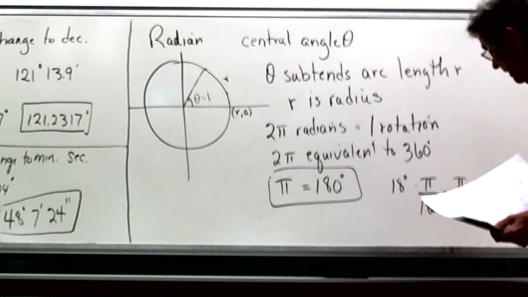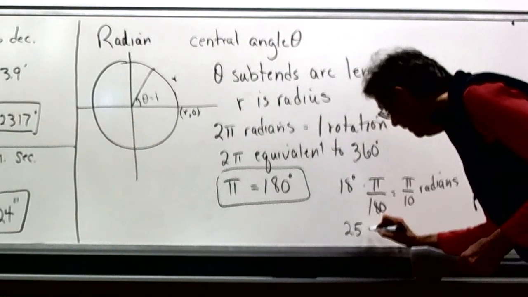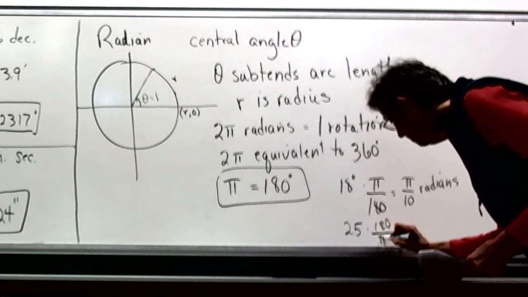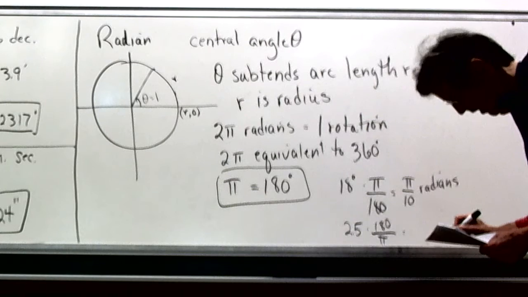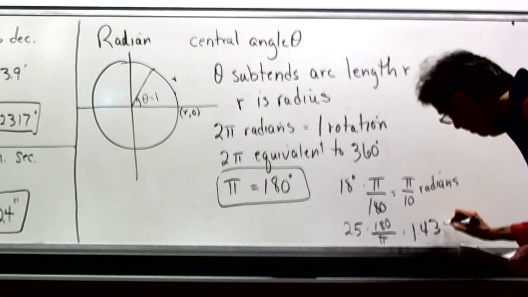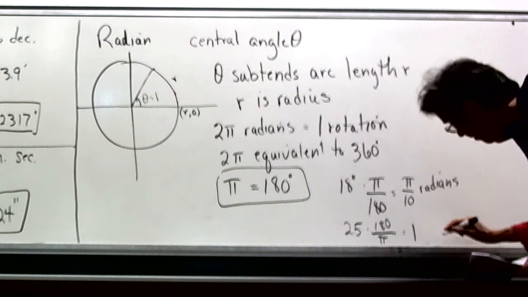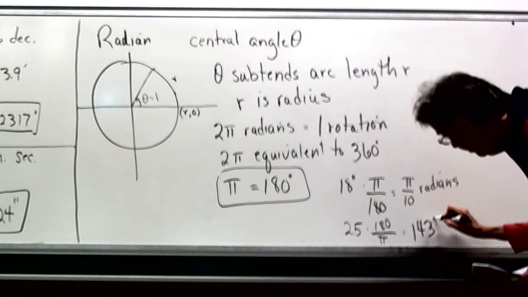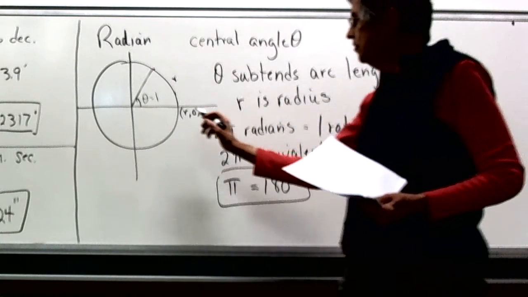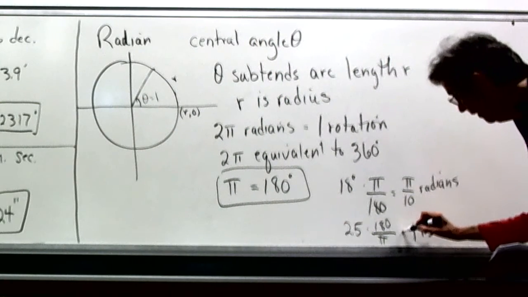In the other direction, I can take radian measure, say 2.5, and multiply it by 180 over pi, and the decimal equivalent is approximately 143 degrees. So 2.5 is going to take you over into the second quadrant, which would be about 143 degrees, and this is all rounded quite a bit.